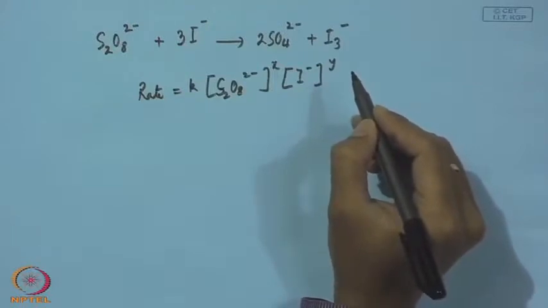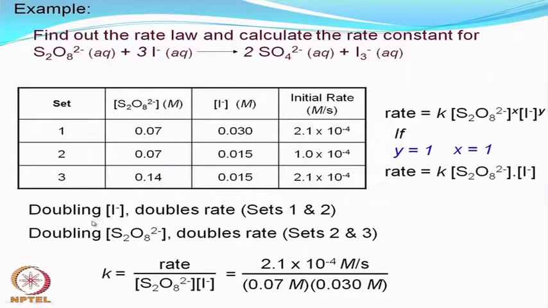So, if we look into the data, you see that doubling I minus doubles the rate. If we double I minus from here to here, the rate is doubled. So, from sets 2 and 1, we are keeping the concentration of persulfate fixed and just looking at how the rate depends on iodide, whether linearly or in some non-linear way.